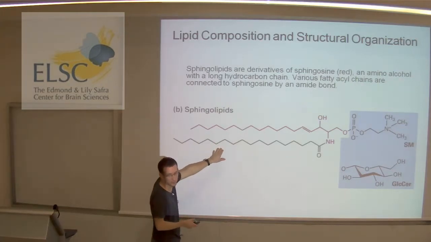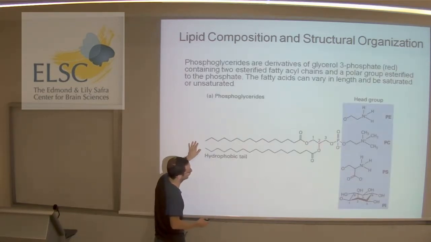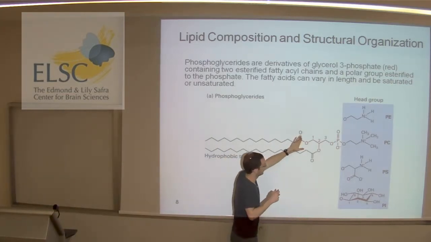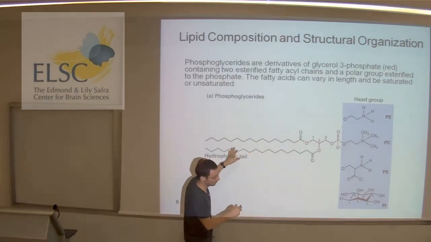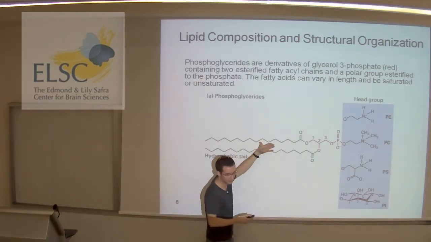Raise your eyes for a minute. Mark this red structure here, and the previous one, the phosphoglyceride. The glycerol does not have any intrinsic fatty acyl chain, and you can play with these two chains as you wish.